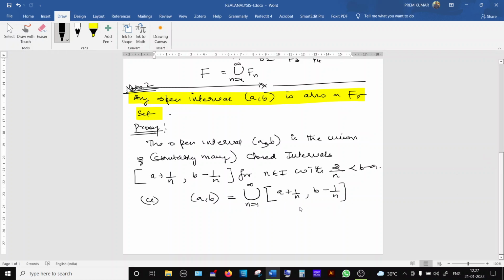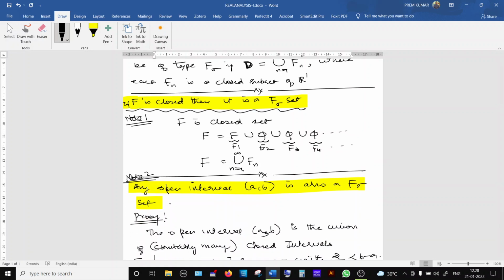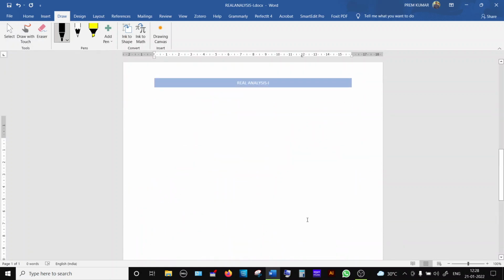Any closed interval is a closed set, and this open interval is written as the union of a countable collection of closed sets. Therefore, any open interval in the real line is an F sigma set. How is this one equal to the union of such intervals? I'll just give a brief explanation.